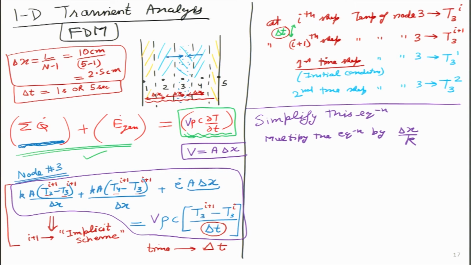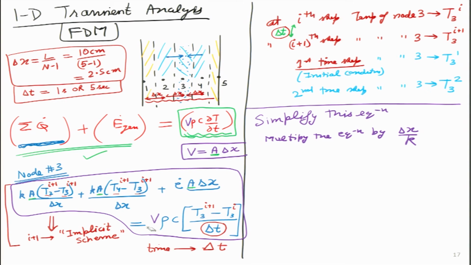Now, let us see what happens, and in addition to this I am going to cancel out all the areas, because you can see area is coming in every term. Area is in the first term, the second term, the third term, and it will also be included in the volume term, because volume itself is area times delta x. So, I am going to do 2 of these substitutions over here. So, let me erase this particular point.